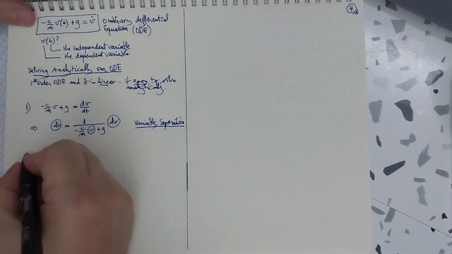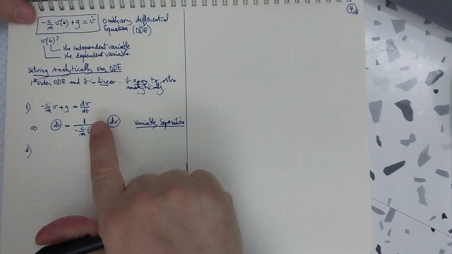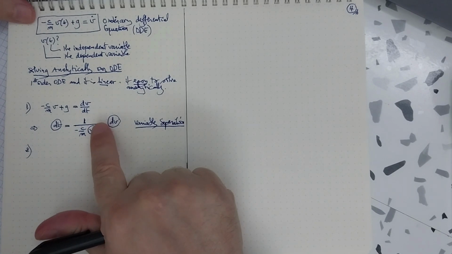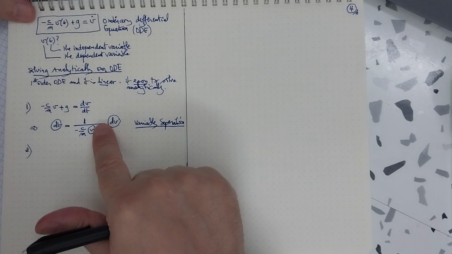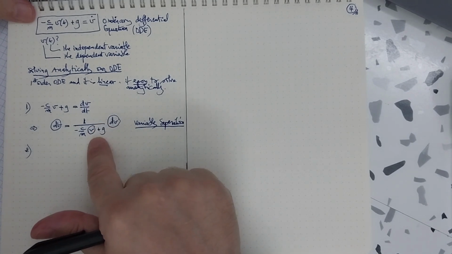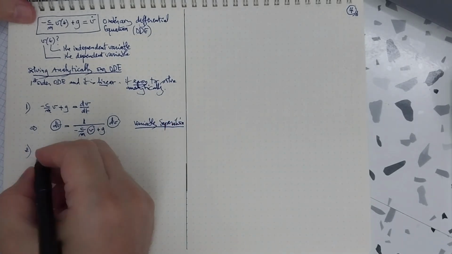And then we need to integrate. If we had only v in the denominator, we could integrate easily. It's the natural logarithm of v, or the absolute value of v. But we have this constant. So what we do, we make a change of variables.